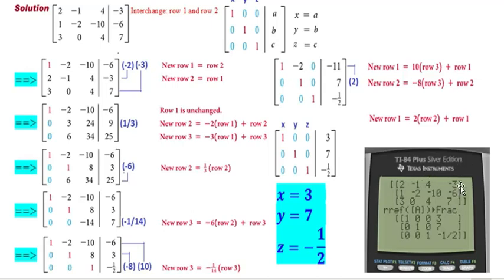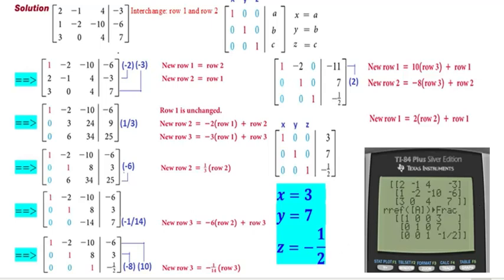You create this matrix, then use ref A to get the solution. So the solution is 1, 0, 0, 0, 1, 0, 0, 0, 1. The result is 3, 7, minus half, which is x equals 3, y equals 7, z equals minus half.